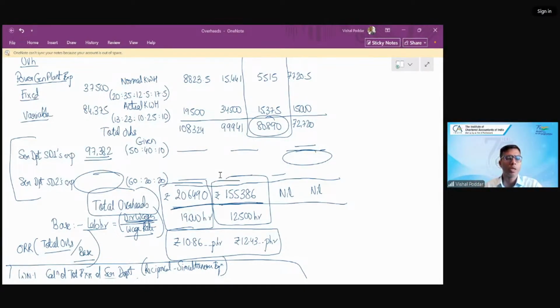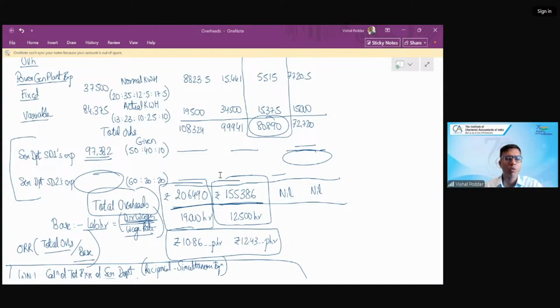Medha, then what we should take? I did not get your question. You said, sir, why we took SD1. Then you tell me what we should take. Medha, I did not get your question. If you're asking me that in the previous sums I had taken XY, so better you can take XY.